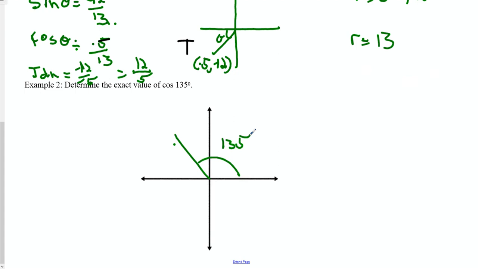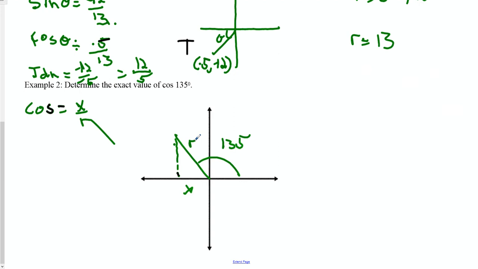So now what I need to do is determine what cosine is. And remember, cosine equals my x value over r. So I need to find x and r. Now, easier said than done.